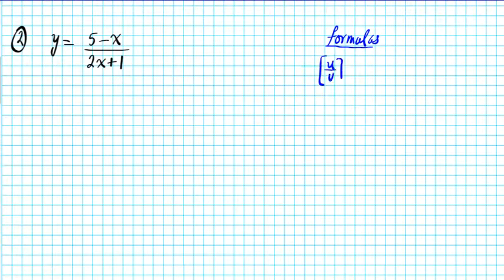(u over v) prime, which is (vu prime minus uv prime) divided by v square. And then we will also use the constant multiple rule. The derivative of a x is simply a.